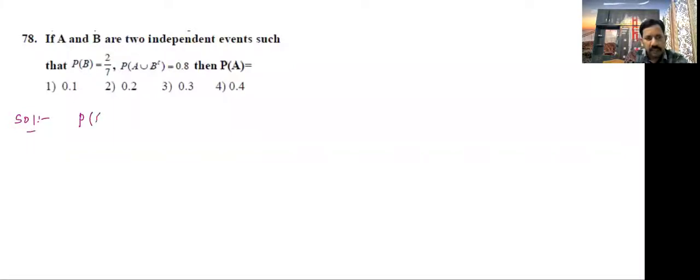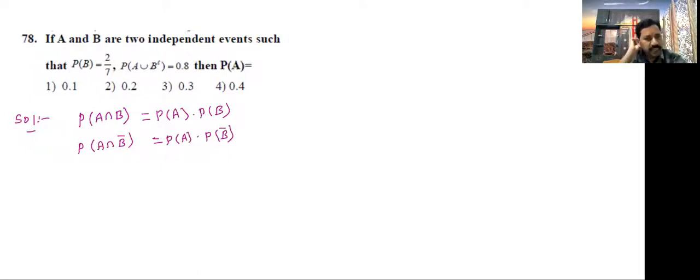That means P of A intersection B is equal to P of A into P of B. A, B are independent events means we will say that A and B complement are also independent. So P of A intersection B complement, how to write? P of A into P of B complement.